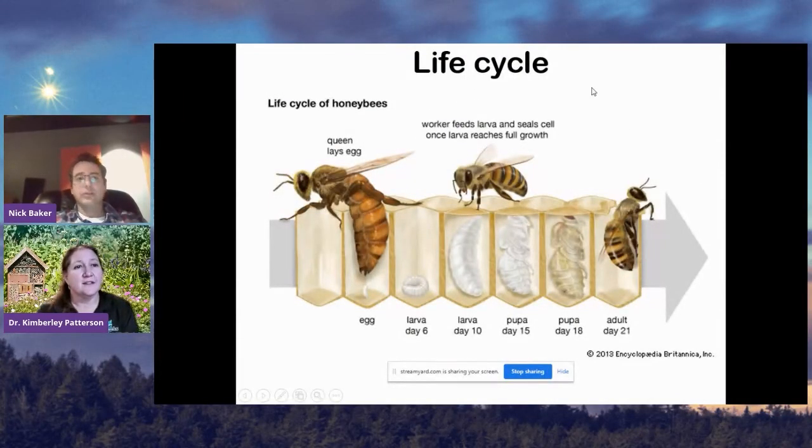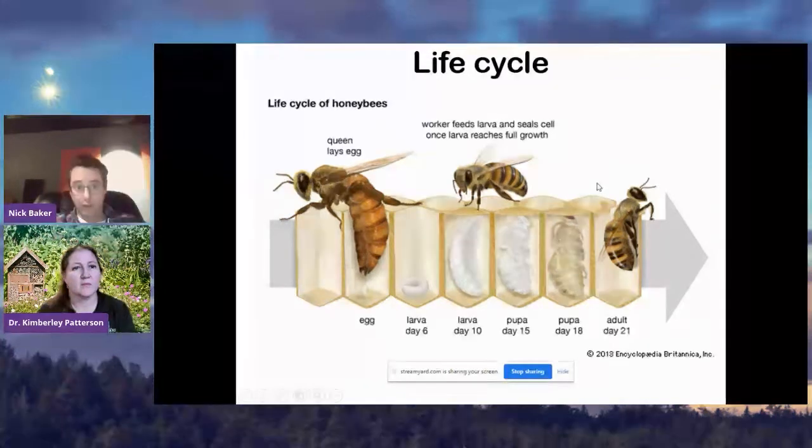So, life cycles. Each one of the life cycles is a little different for the queen, the worker, and the drone. From the time a queen lays a worker egg, it takes about 21 days for that worker bee to finally emerge and start actually doing work.